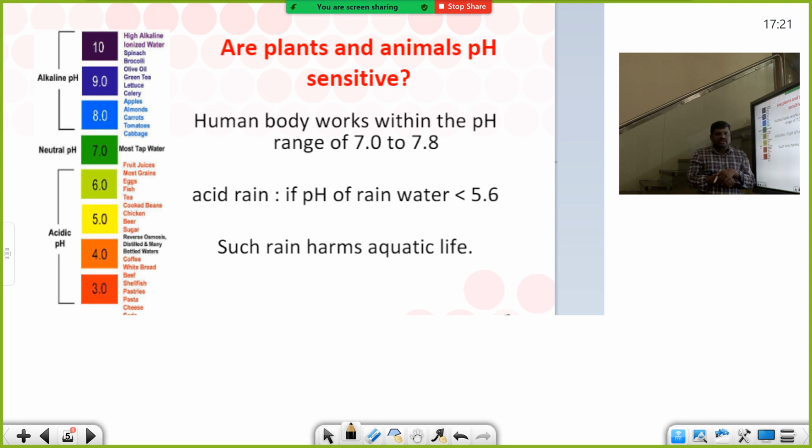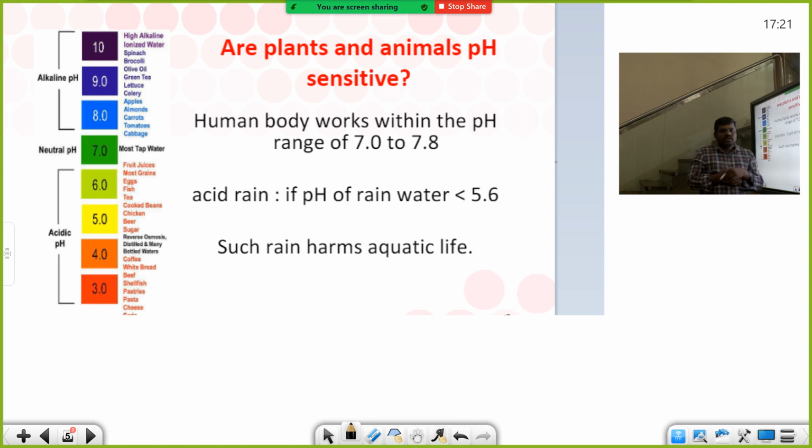Aquaculture. What is aquaculture? Fishes and prawns are grown and used for food. But so many living organisms in the ecosystem are affected, because the water becomes acidic due to the fallen acid rains.